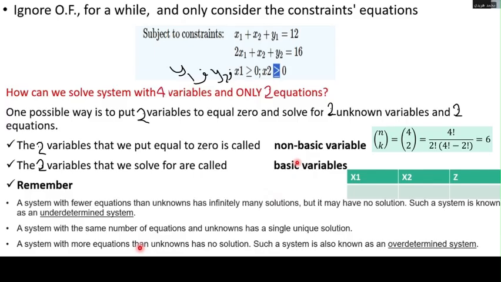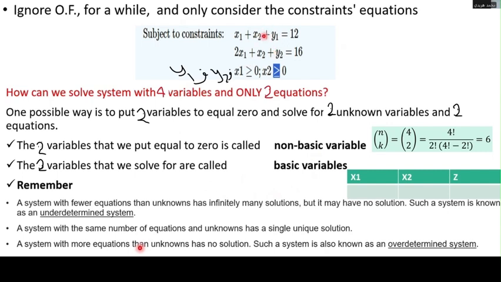So we are ready to construct a matrix form for this system of equations. But before we do so, we need to discuss the basic and non-basic variables. We have 4 variables and only 2 equations. We have x1, x2, y1, and y2. These are 4 unknown variables, and we have only 2 equations to find their values. This is an underdetermined system, meaning the system has either an infinite number of solutions or no solutions at all.